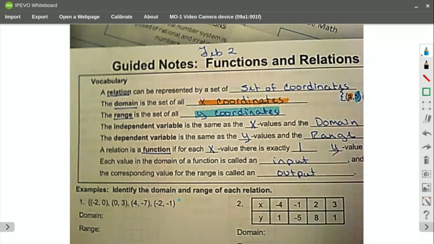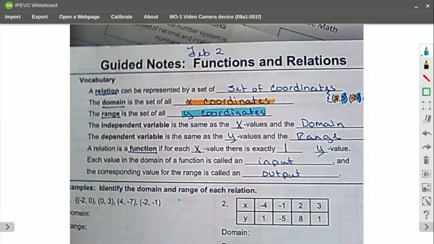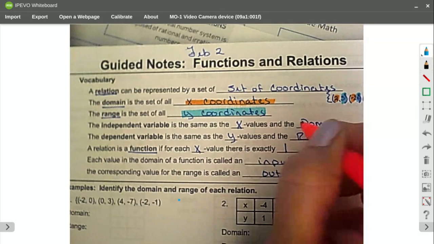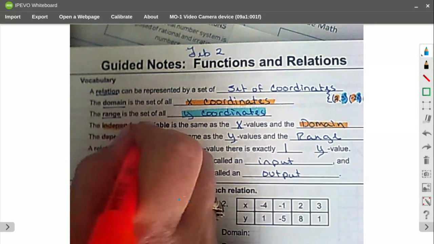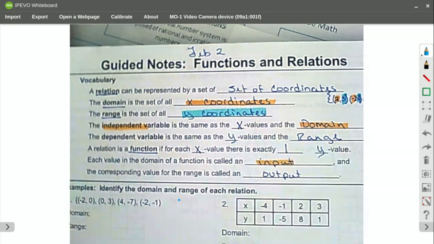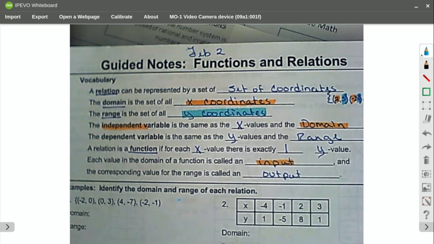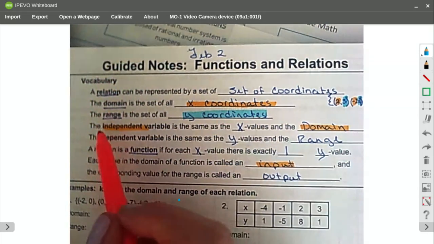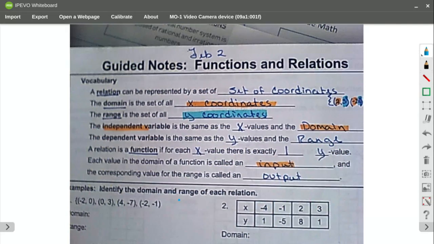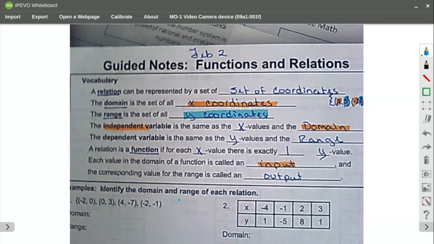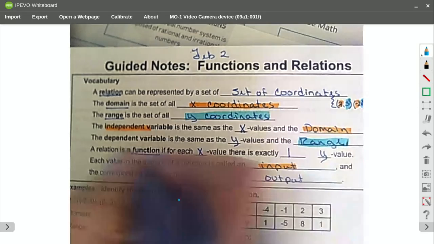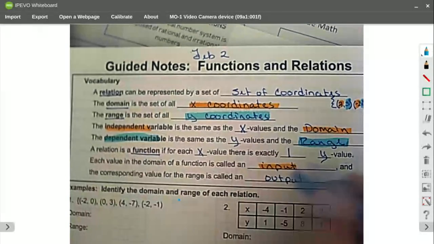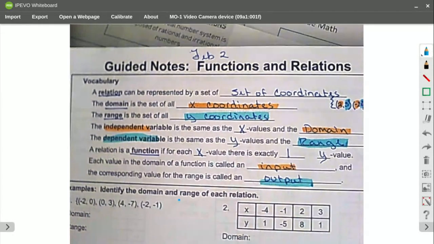All right, so my x coordinate is the x values, and the domain, and the independent, and the input. So there's 4 things I call that x coordinate: x, independent, domain, and input. And there's 4 things I'm going to call that y coordinate: my y, my range, my dependent, and my output.